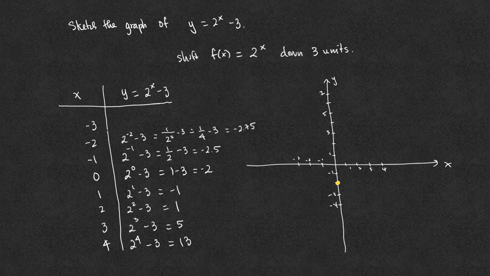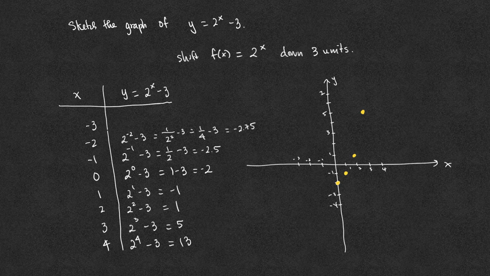Each of these ordered pairs will give us a point on the coordinate axis. When x equals 0, y equals negative 2, we plotted it already. When x equals 1, y equals negative 1. When x equals 2, y equals 1. When x equals 3, y equals 5. This is easier on the graph paper.